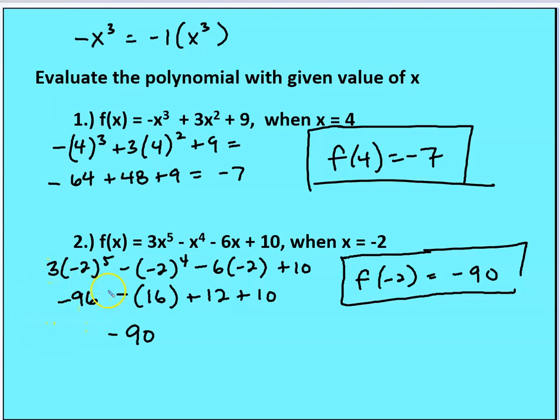So it's 3 times negative 2. And then I have minus 2 to the power of 4, which is 16. Minus 16 plus 12 plus 10. I have negative 102, or 112, excuse me. Plus 22 is negative 90.